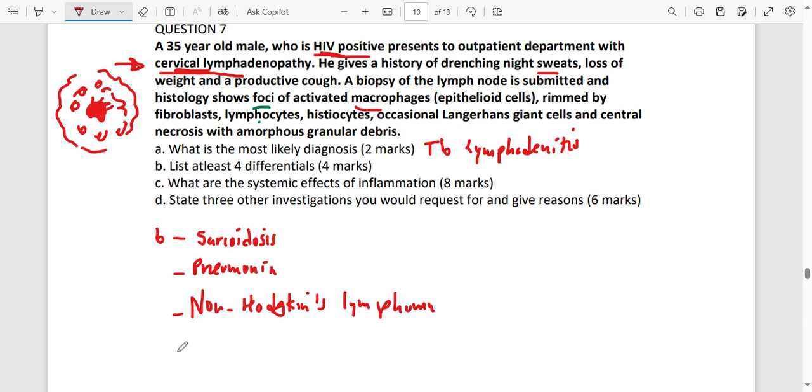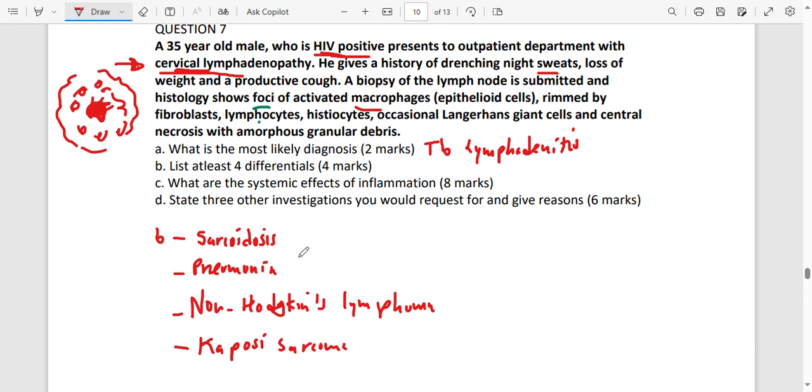Anyone that has heard of Kaposi sarcoma? Kaposi sarcoma is a malignancy associated with HIV that also appears with lymphadenopathy. So at least we can mention those.